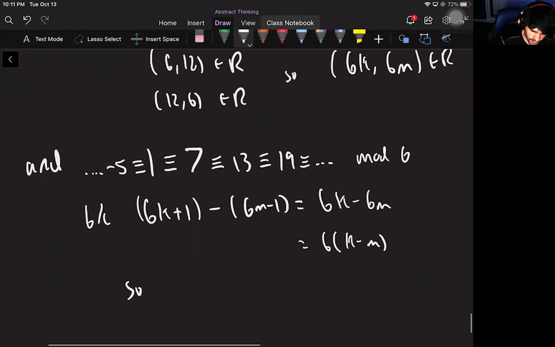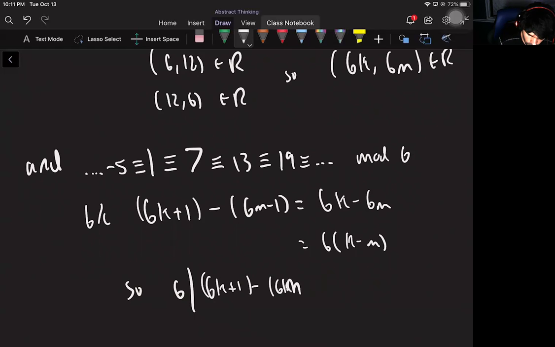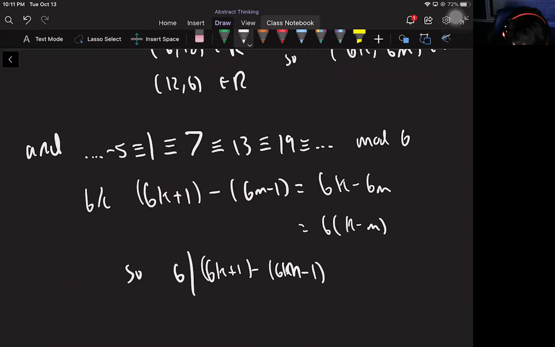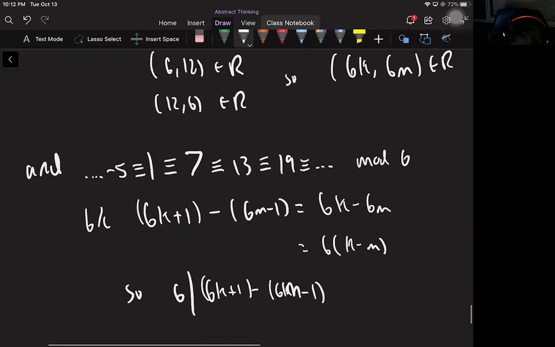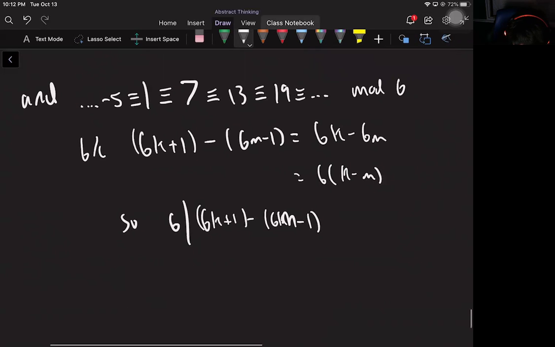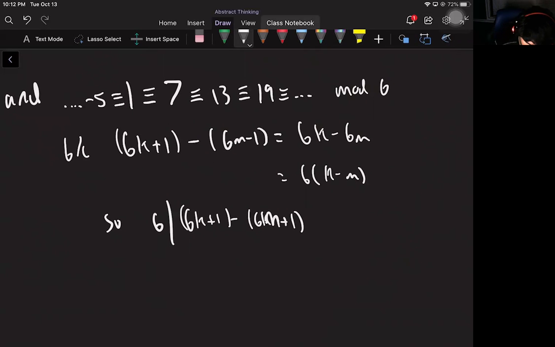So then the point is that 6 will always divide a difference of these two kinds of numbers, where the two numbers just differ by 6. Plus 1, sorry.